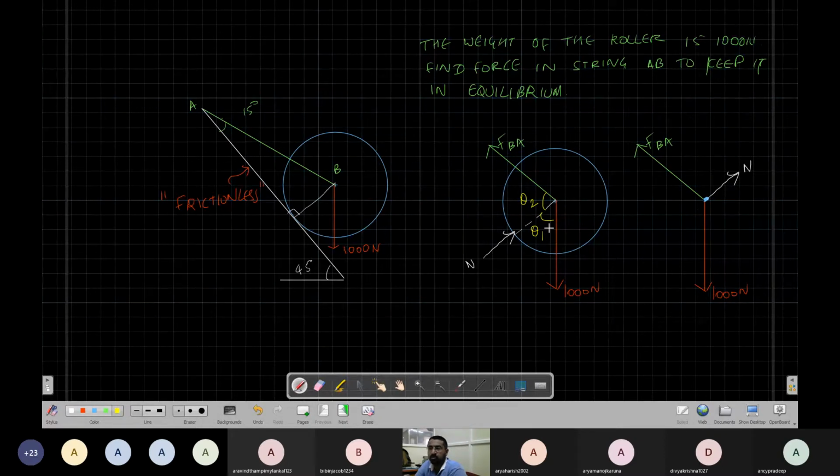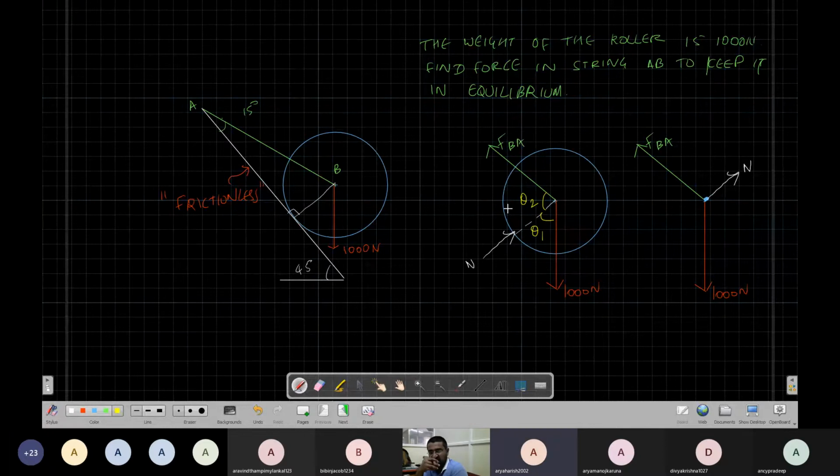Can you tell me what is theta 1 and what is theta 2? If anyone can tell me the value of theta 1 or theta 2, just unmute yourself and tell me. What is the value of theta 1 and theta 2?